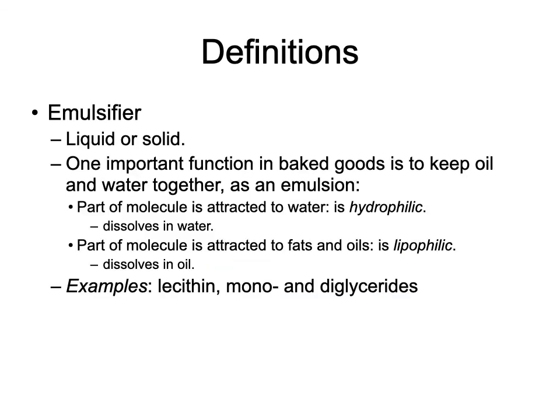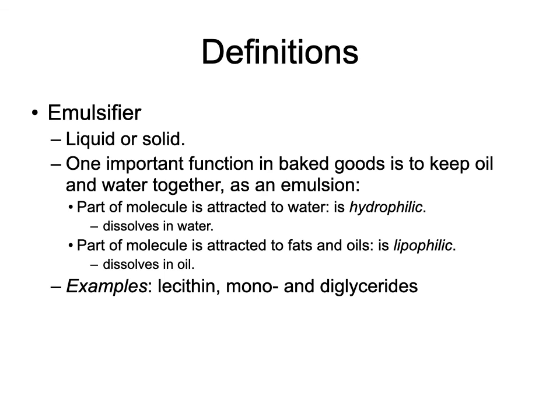An emulsifier can be liquid or solid. So one important function of any emulsifier is that it will allow a stable mixture of 2 or more ingredients to mix when they ordinarily would not mix. So oil and water, for example, cannot ordinarily mix.